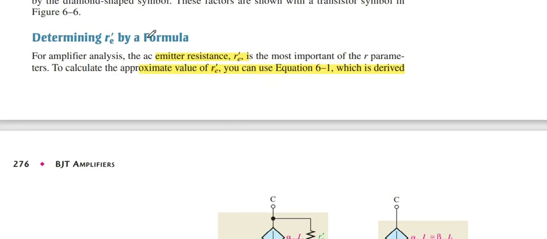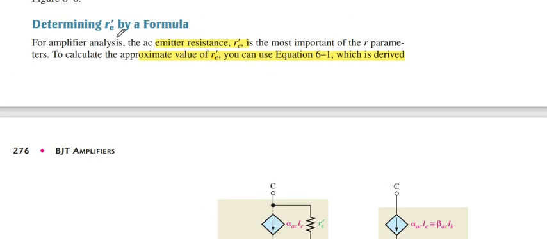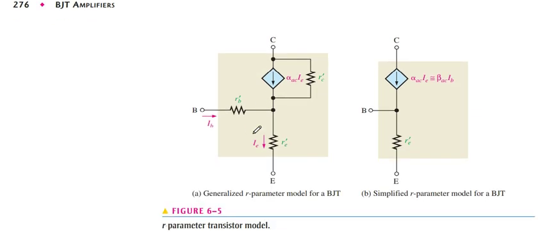Okay, next, determining re, the emitter value. AC emitter resistance re. Now we calculate it. We make an internal circuit of the transistor with base, emitter, and collector: rb base resistance, re emitter resistance, rc collector resistance.